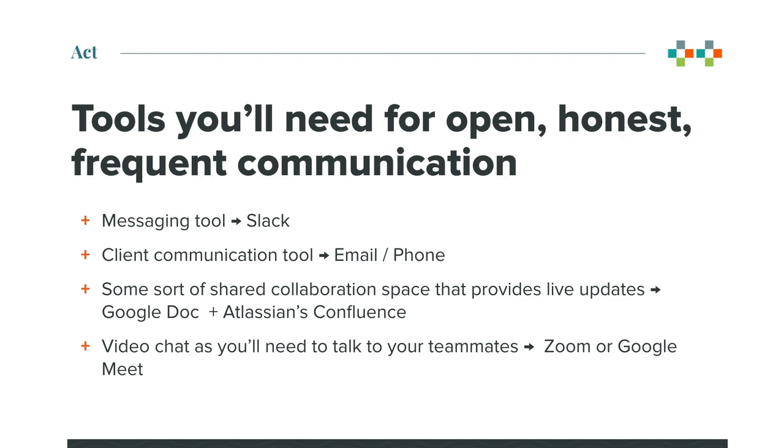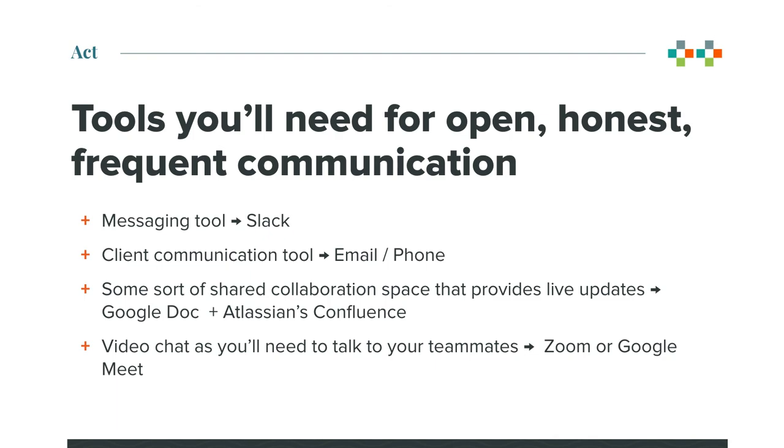To create an environment where you can openly communicate across several planes and possibly across several teams, you're going to need a few tools. You'll need a messaging tool. Here at Palantir, we use Slack. You'll need a way to communicate with your client. This may be email or by telephone or Google Meet.